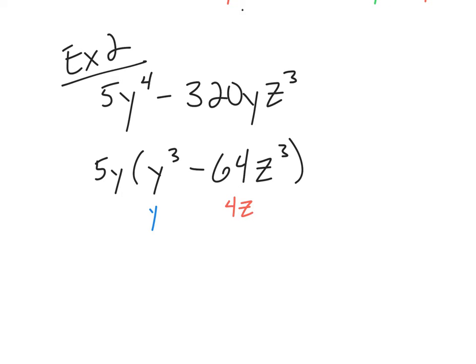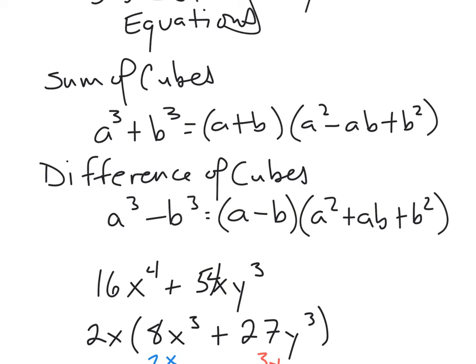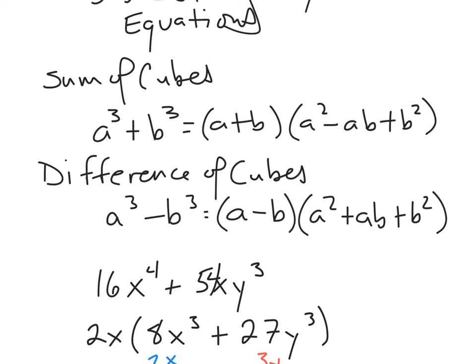All right, so here we go. We've got the GCF. It's still sitting out there. Then we can write my binomial. And this time I have a subtraction in the middle, right? So I'm sitting here with a subtraction symbol. And so that means that according to the difference of cubes, if we go upstairs and look at that, oh, careful, then we have the minus sign in the middle.